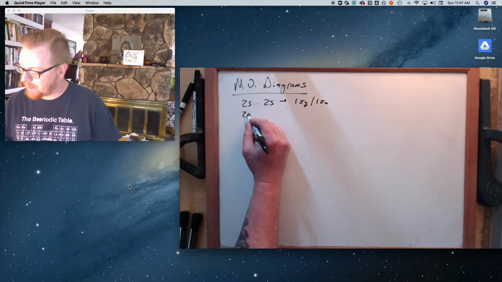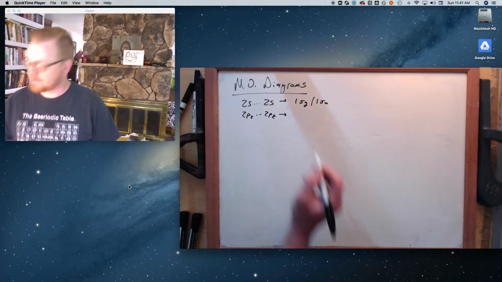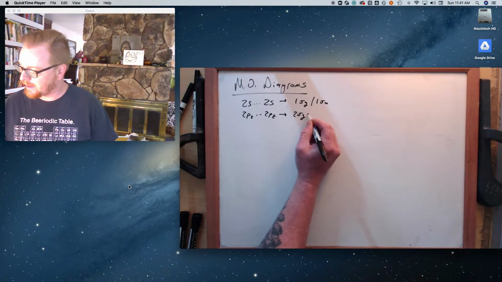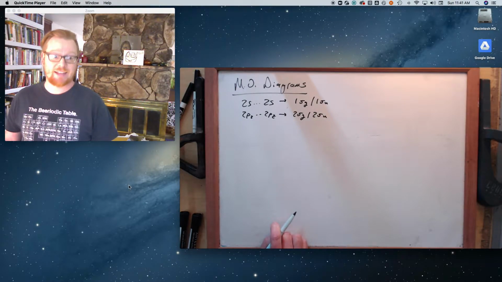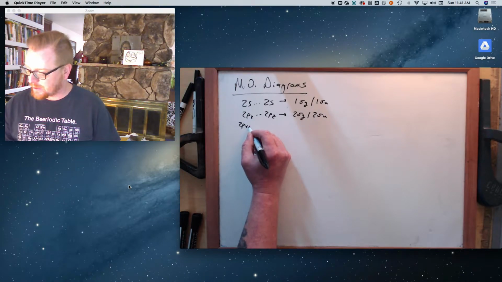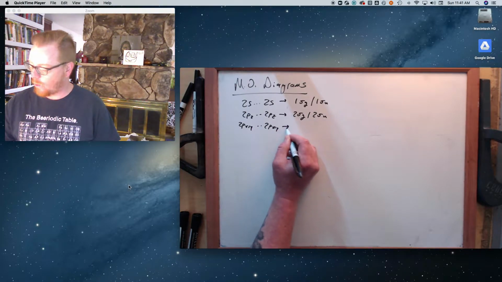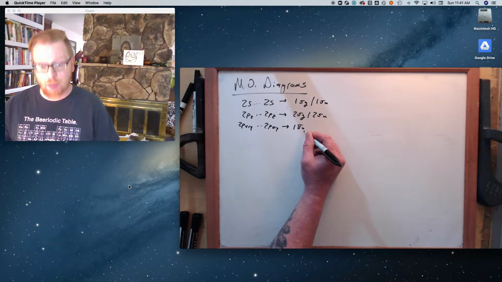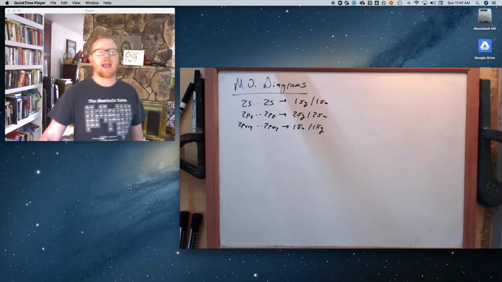And of course those are sigma bonds, on axis. If we combine a 2pz and a 2pz, we make 2 sigma g bonding and 2 sigma u anti-bonding. All right? And then if we combine either 2px or y with another 2px or y, this is what creates our 1 pi u bonding or our 1 pi g anti-bonding.